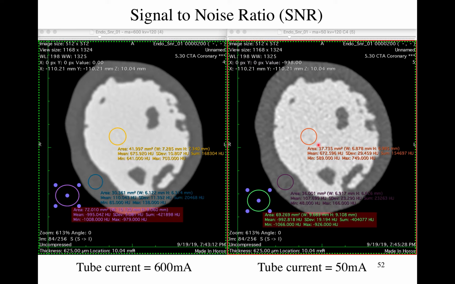The standard deviation of the pixels inside that circle is 29. So the mean is 673 divided by 29. That kind of gives you the confidence you have in that mean in that area, or the probability of getting a pixel of a certain value inside this region. It should be uniform, right? Right here.